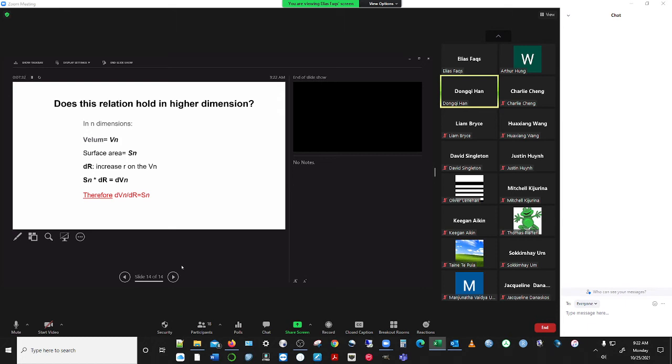So we can rearrange the equation and easily get dV divided by dr is the surface area. So we just proved the relationship in higher dimensions. The answer is yes, it holds.